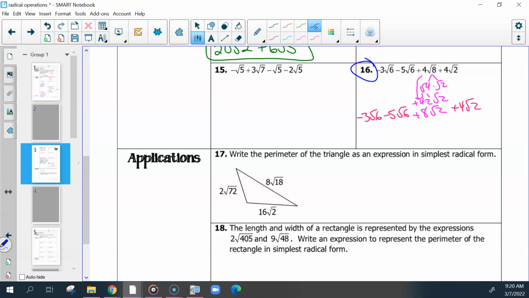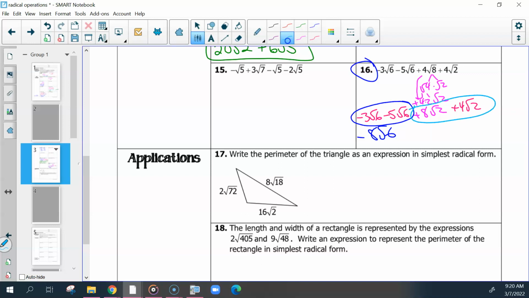So we may not be able to simplify radicals anymore, but can we combine the 6's? So that would become negative 8 times the square root of 6. No, we cannot multiply the 2's.